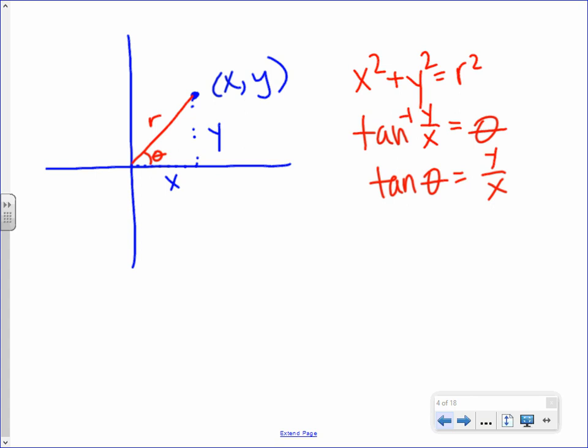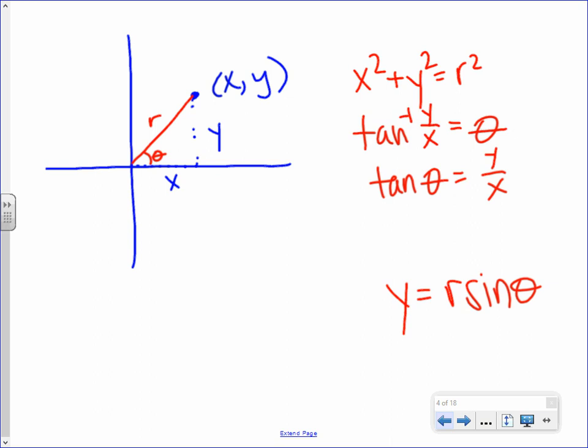All right, what else? What do we know, r and theta? How do we find x and y? Let's make the equation. What's the sine ratio? Sine is y over r, so y equals r sine theta.